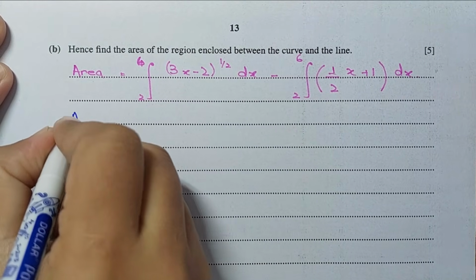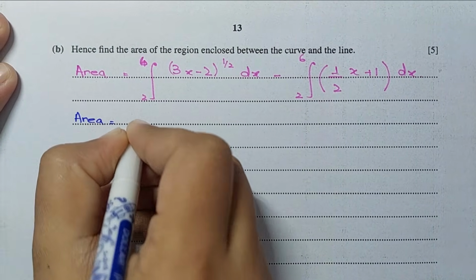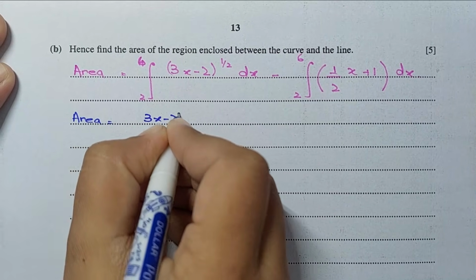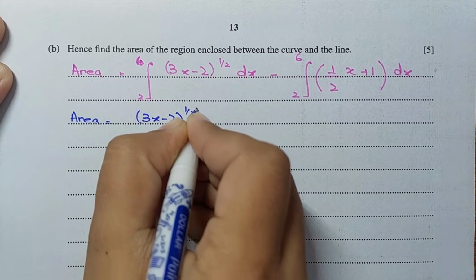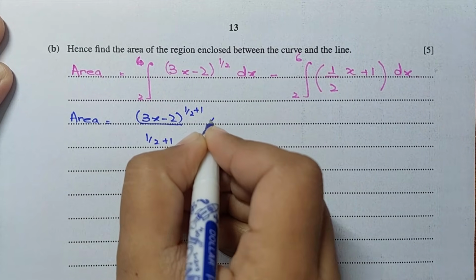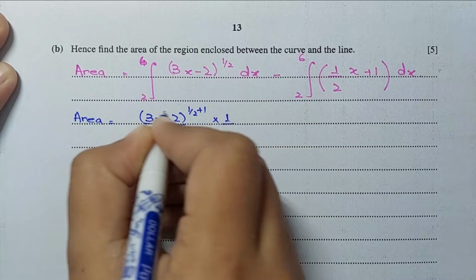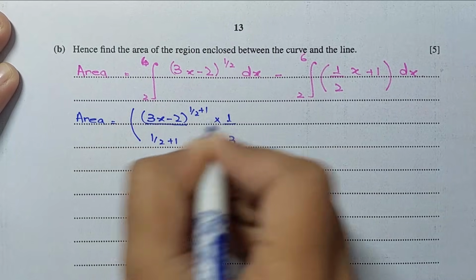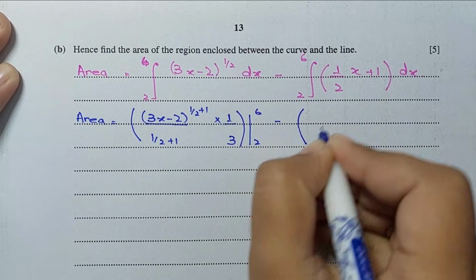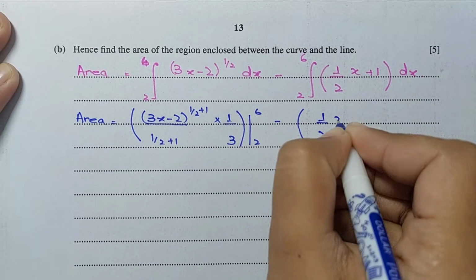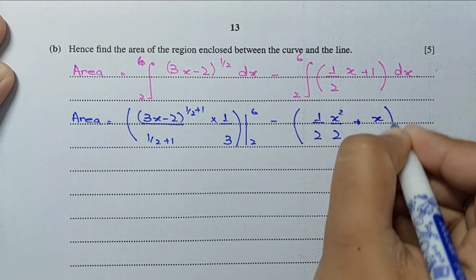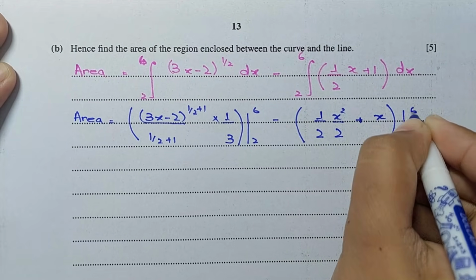Let me do the integration. Now the area becomes, applying the power rule of integration, (3x minus 2) to the power plus 1 divided by power plus 1, multiplied by 1 over the derivative of this function, which is just 3, with limits from 2 to 6, minus, the integration of 1 over 2 x is x square divided by 2, plus the integration of 1 is just x, with limits from 2 to 6.